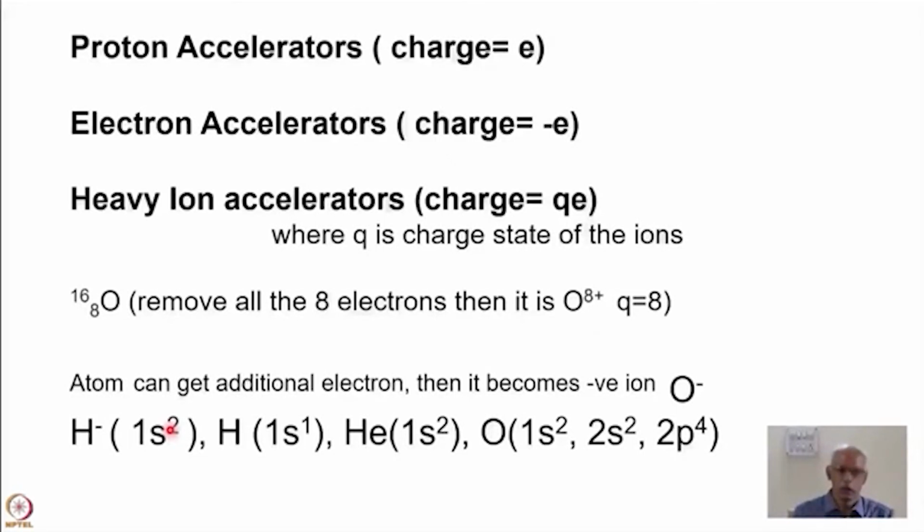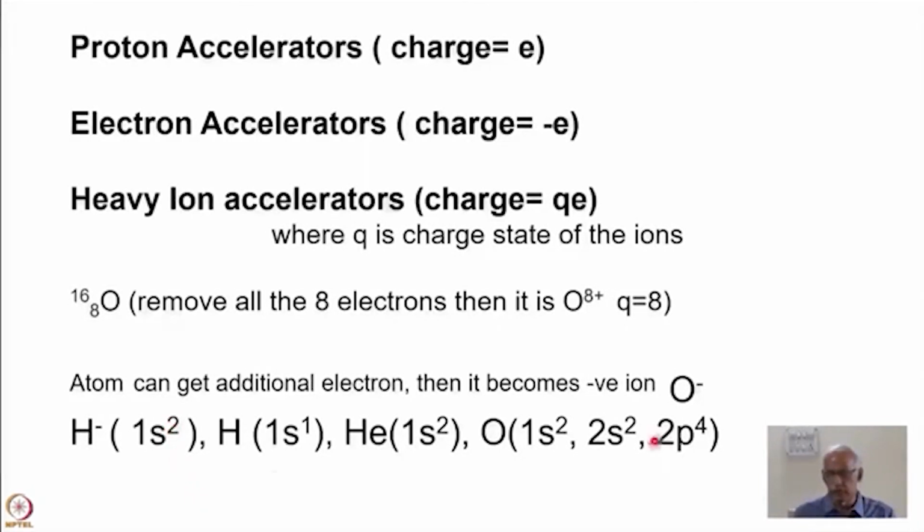Unfortunately, this He minus is not possible in the ground state. However, there is a metastable state where the negative ion of helium is possible, and it is formed for a short period, about 360 microseconds.